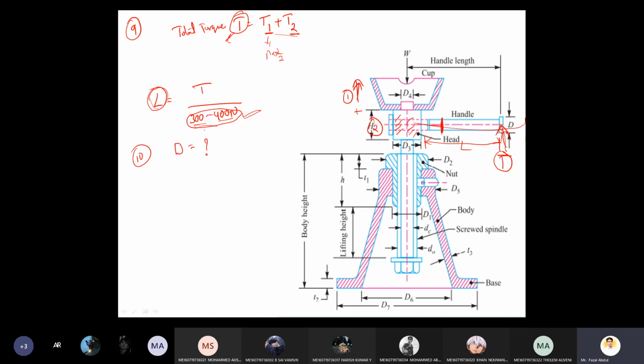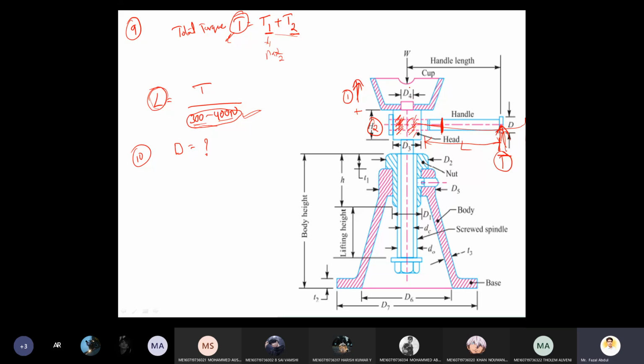While we are applying the force here, the handle may be subjected to bending. Bending is involved here because of heavy friction, the head is not going to rotate properly even though you are applying force continuously. At that time, what happens? There may be chances for the handle bending to take place.